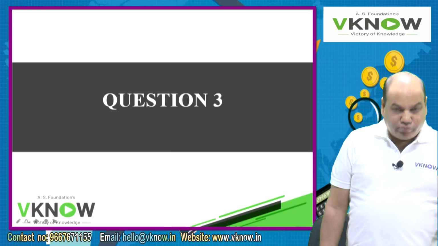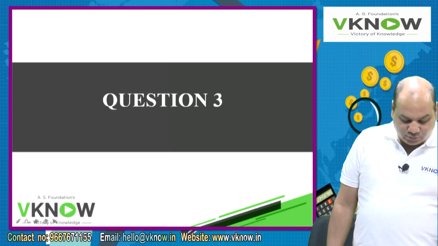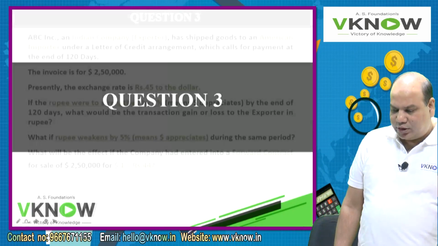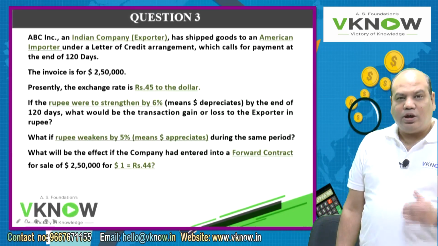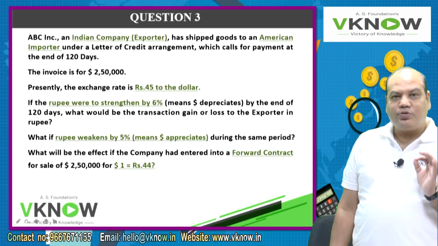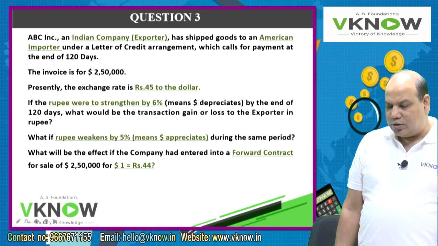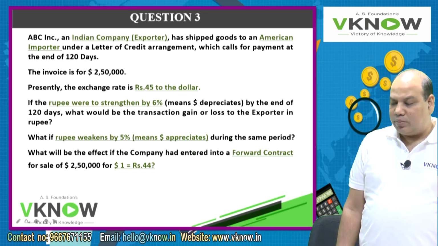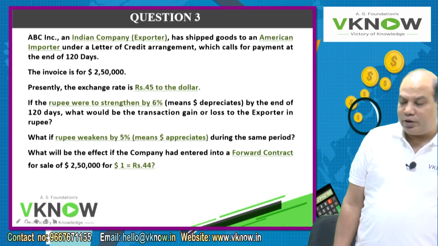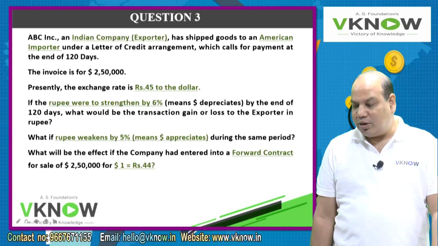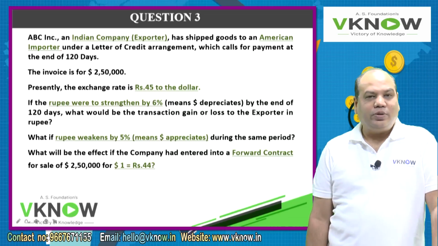One more similar type of question, question number 3. This time I will give you the question from exporter's point of view. ABC Inc., an Indian company exporter, has shipped goods to an American exporter under a letter of credit arrangement which calls for payment at the end of 120 days.